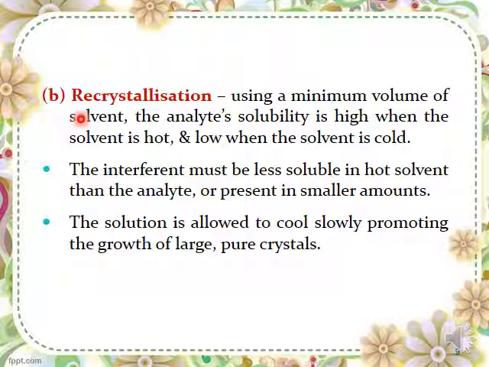That precipitate we redissolve in solvent, gradually heating up the solvent so that all the precipitate is solubilized inside the solvent, and then slowly the solvent is cooled down. During the process of cooling down, the precipitate will come out as pure, and the interferent will remain in the solvent. So this is recrystallization.